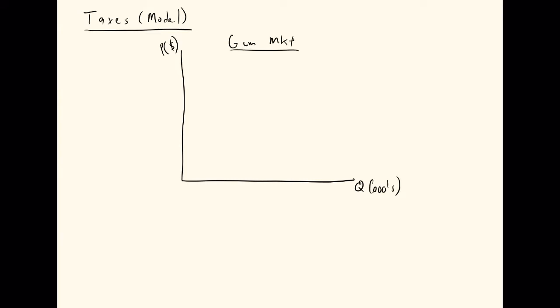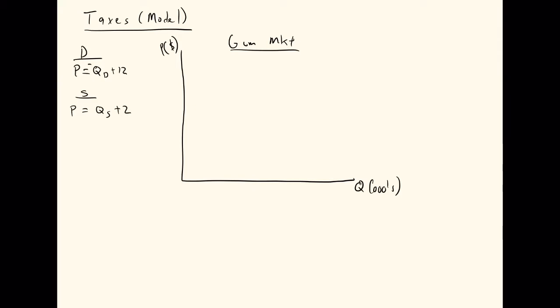Our equation for demand is going to be in PQ format, so price equals negative Q sub D plus 12, and supply is going to be price equals Q sub S plus 2. First, let's put this down on our graph.